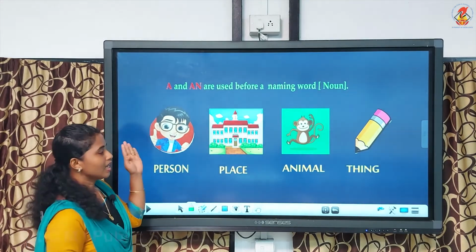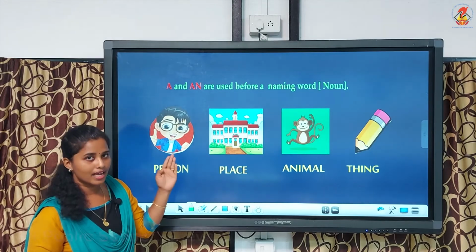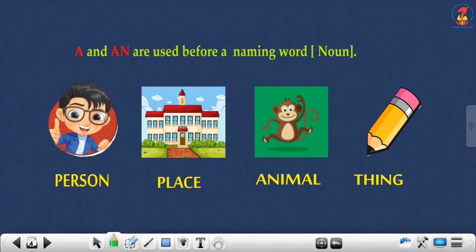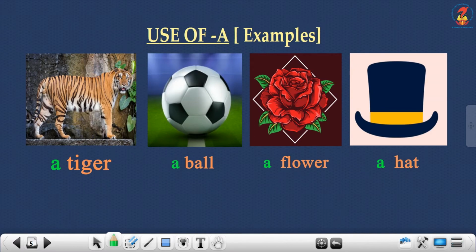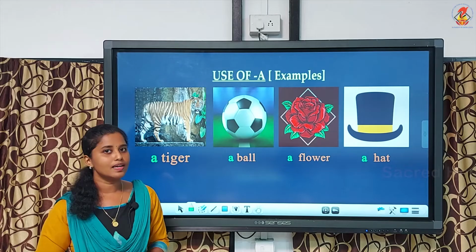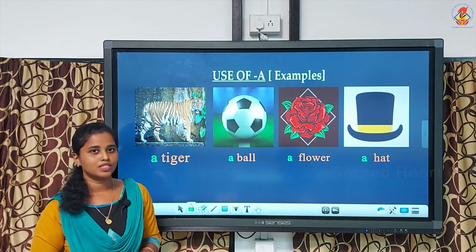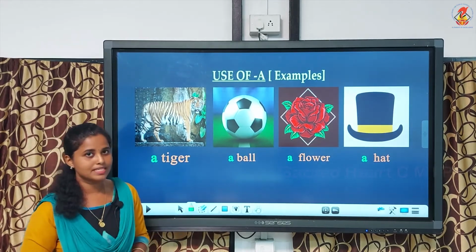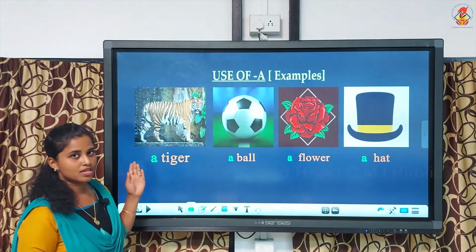So articles a and an are used before nouns such as person, place, animal or thing. And now we are going to know how to use the article a. Here are a few examples given with pictures.